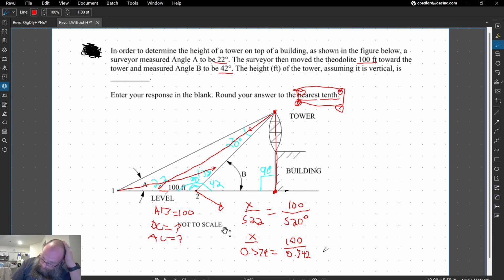All right, so now we know we've got our law of sines set up. All we've got to do now is solve to get this X. This is just a fraction.